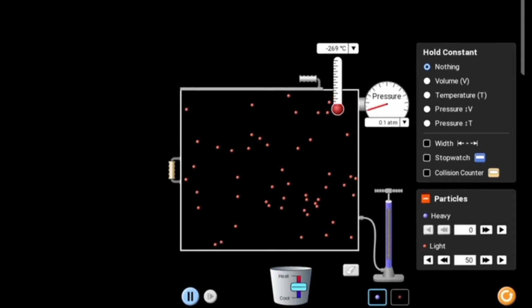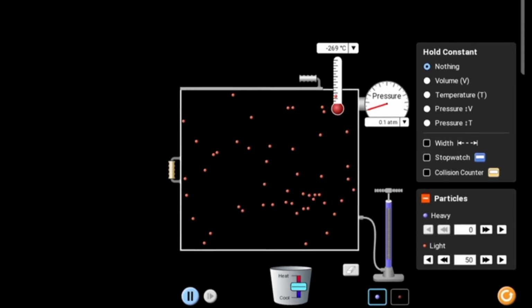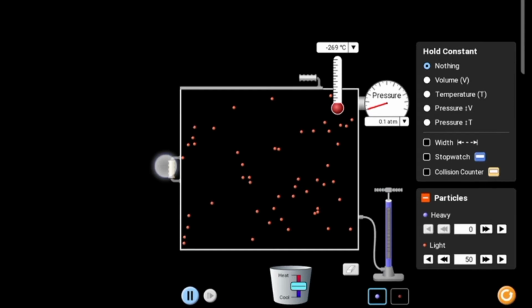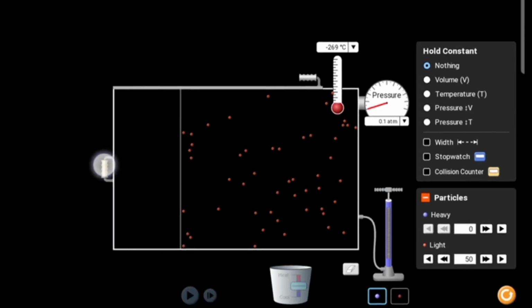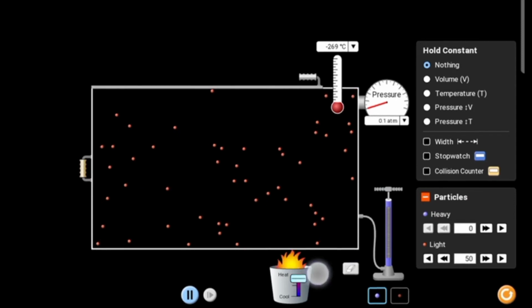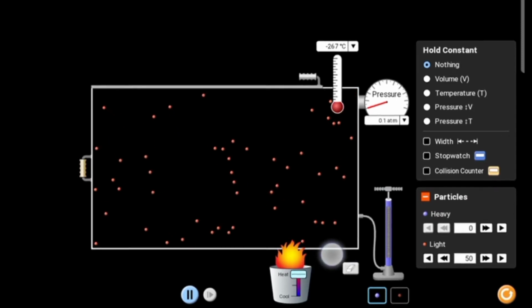Okay, for now, what if we increase the volume and just raise the temperature?